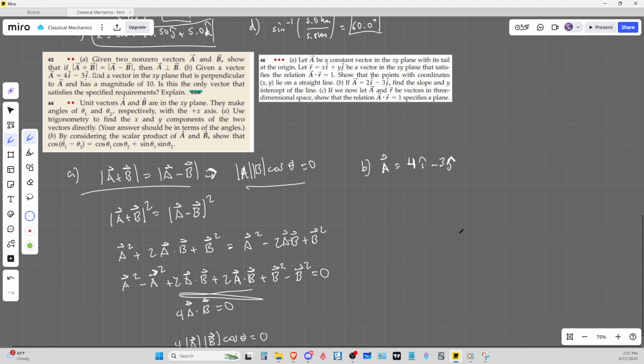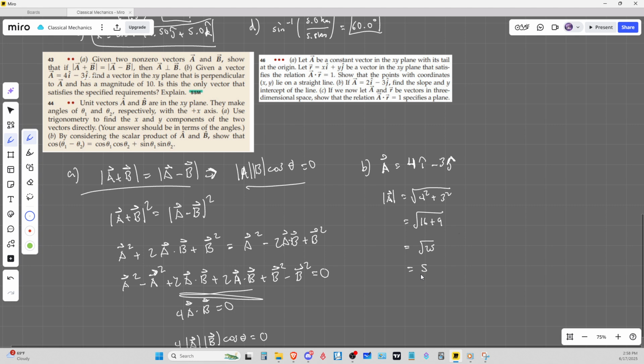Perpendicular... I mean, the magnitude of A is just going to be 4 plus 3. That's 16 plus 9, which leaves us with 25, which is 5.